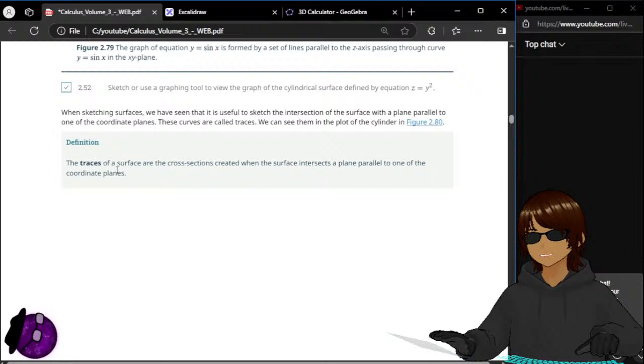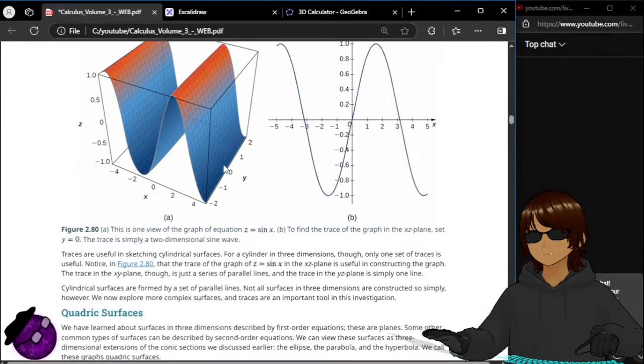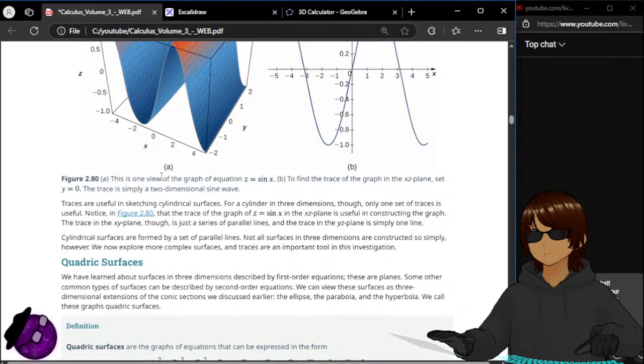So that's a trace. So it can be any surfaces, right? Not just cylindrical. Traces are useful in sketching cylindrical surfaces. For a cylinder in 3 dimensions, though, only one set of traces is useful.